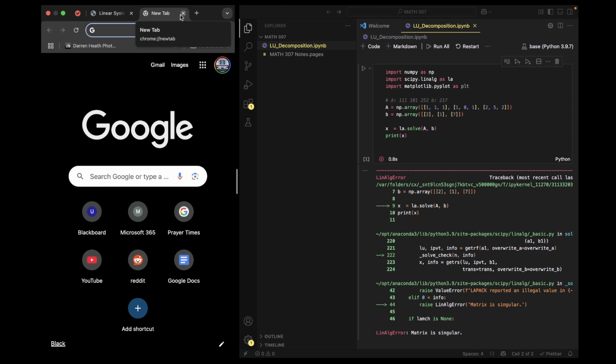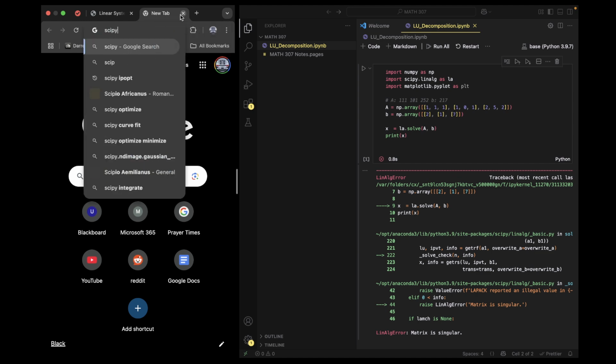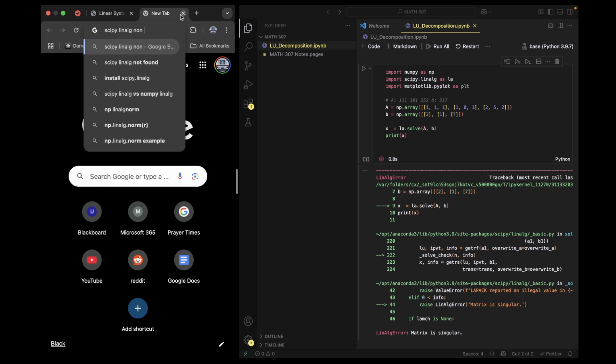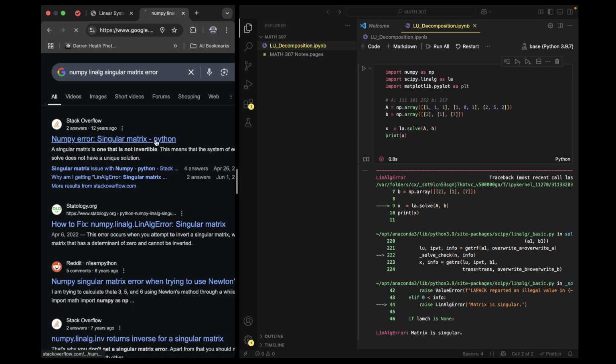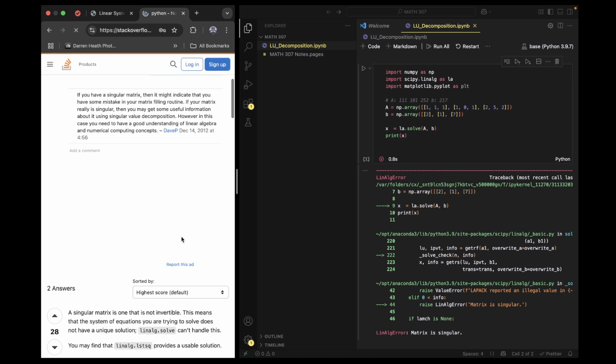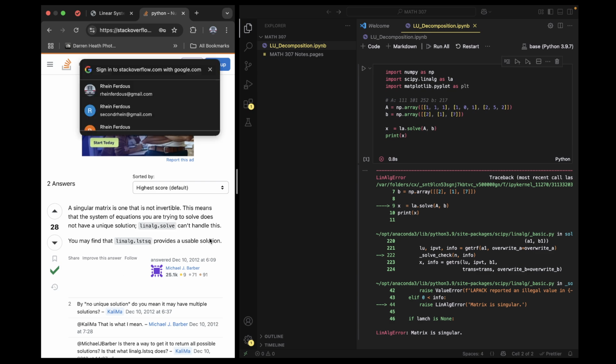Well, let's see. Yeah. Scipy.linalg singular matrices. A singular matrix is one that is not invertible.